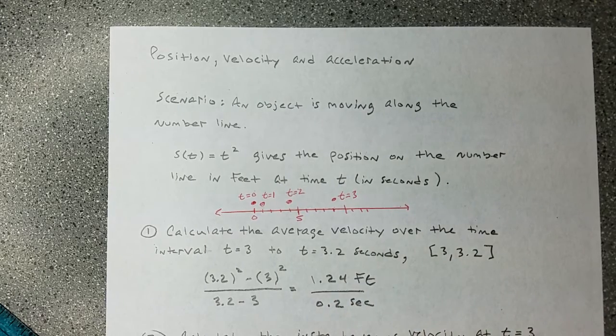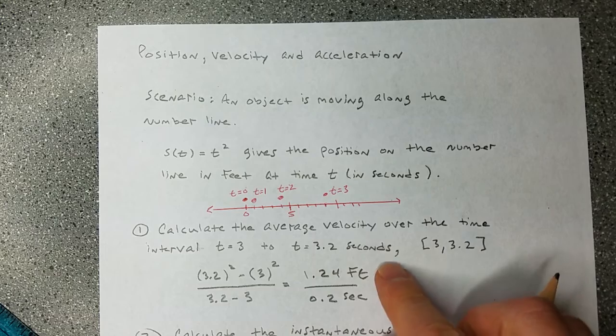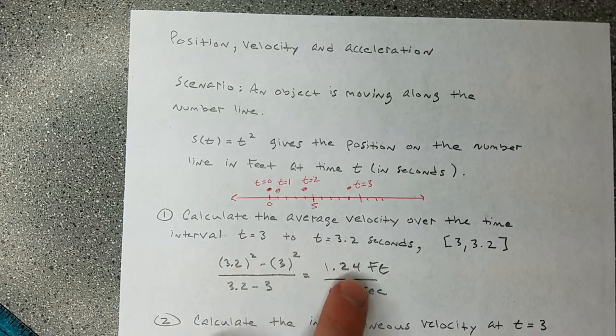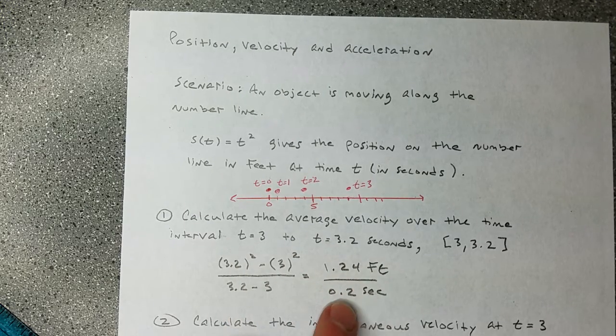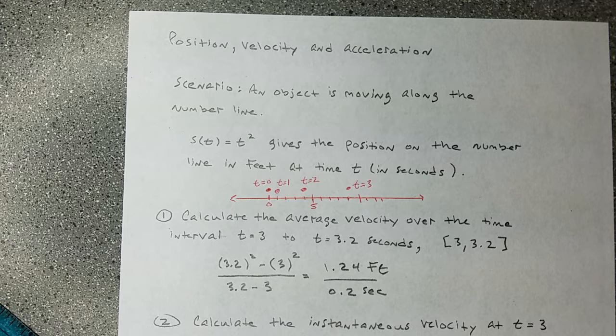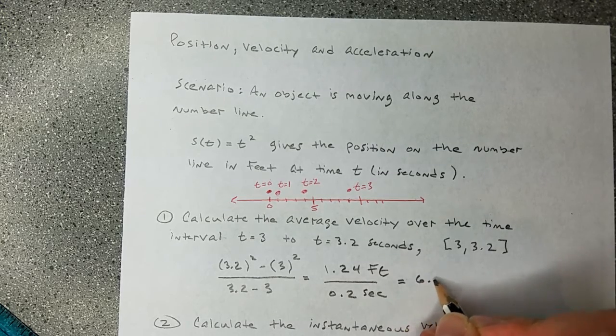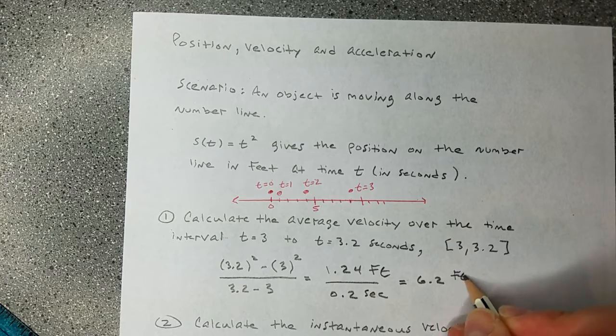All right. So that's the numbers and then the units for each number. So we'll divide that out. It says that over this time period, you traveled 1.24 feet and it took you 0.2 seconds. But we reduce that. We divide it by 0.2 and we'll get about 6.2 feet per second.